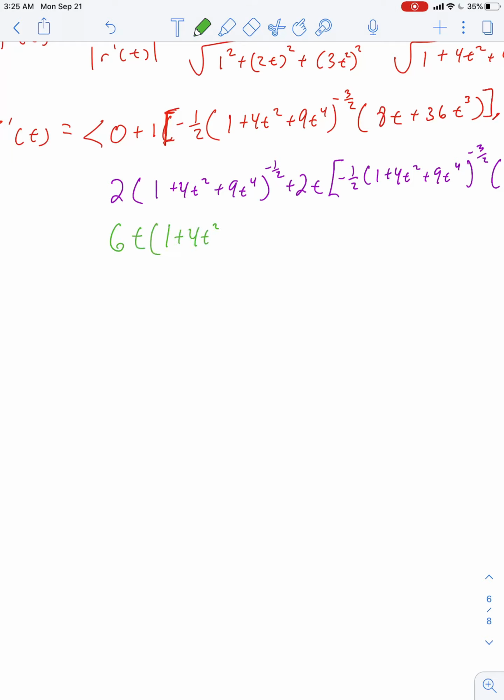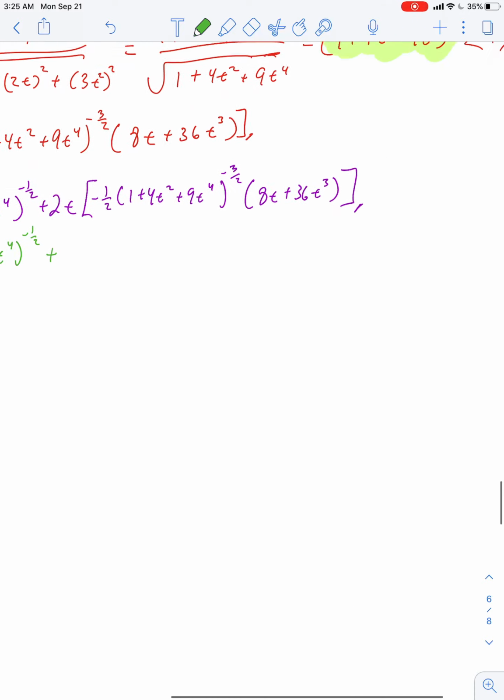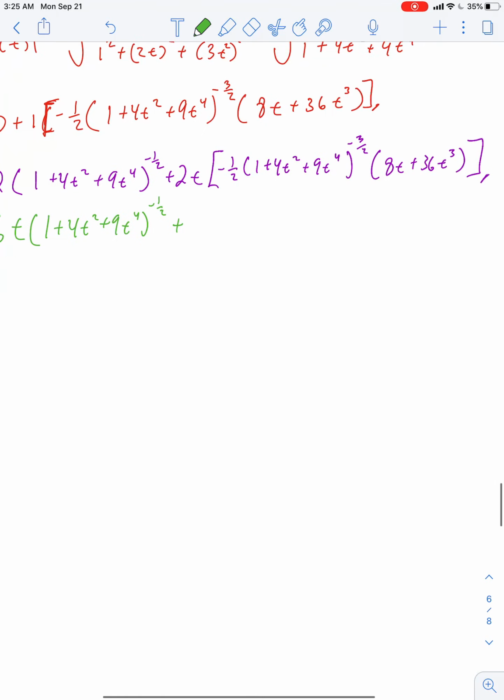The derivative of 3t² is just 6t, times (1 + 4t² + 9t⁴)^(-1/2), plus all that above.